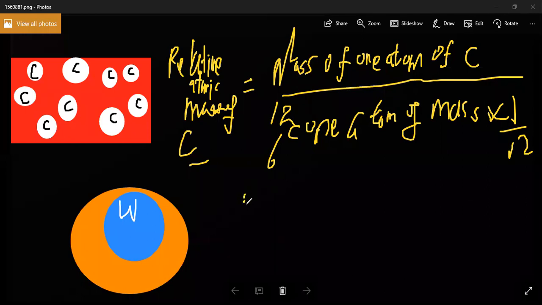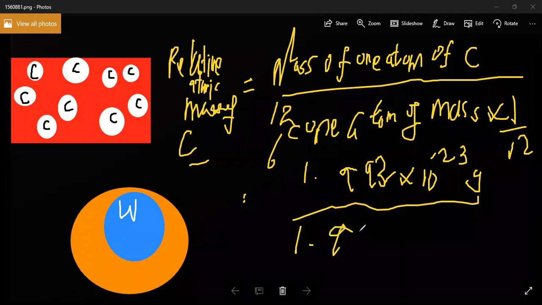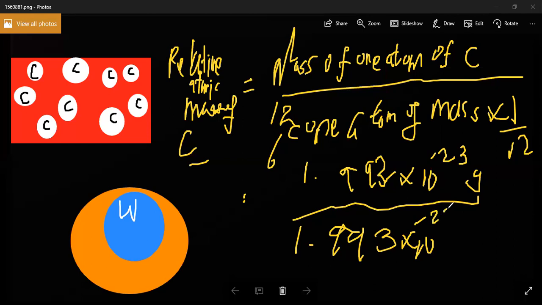Can you tell me the mass of one atom of carbon? We already studied: 1.993 into 10 to the power minus 23 gram. That's also the mass of one 12C atom: 1.993 into 10 to the power minus 23 gram into 1 over 12. Can you cut these both?